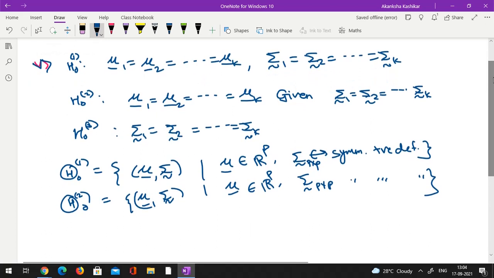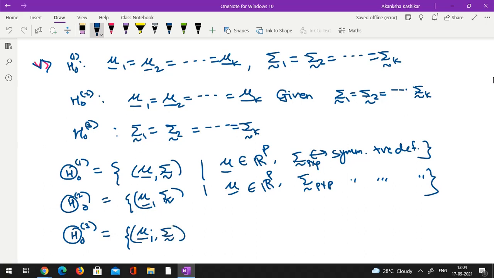And the third parameter space that I'll construct is where only the sigmas are equal. Okay, so the mu i's can be different. So mu i belongs to R^p, and sigma is common.